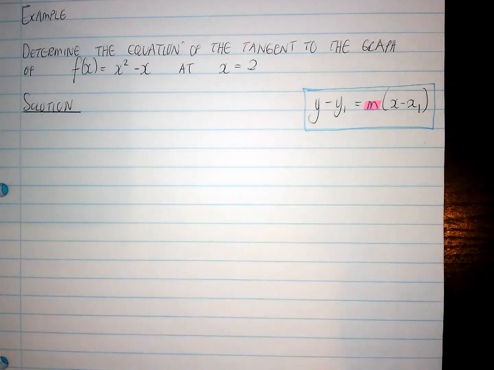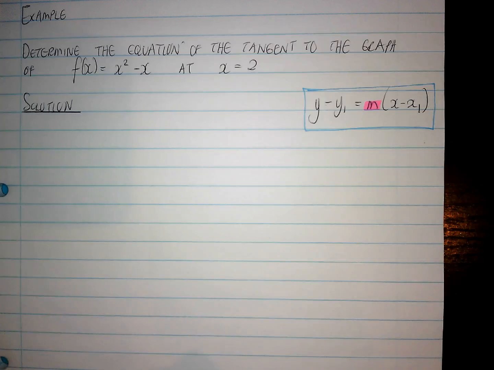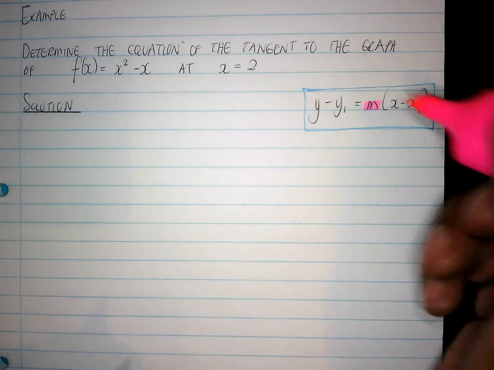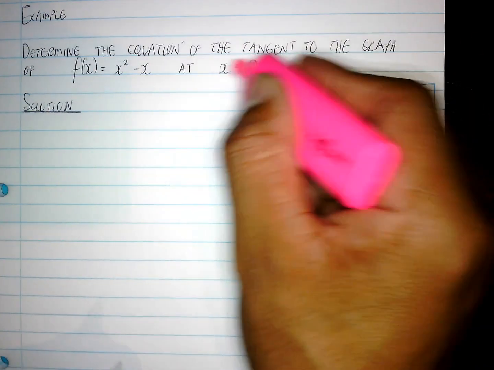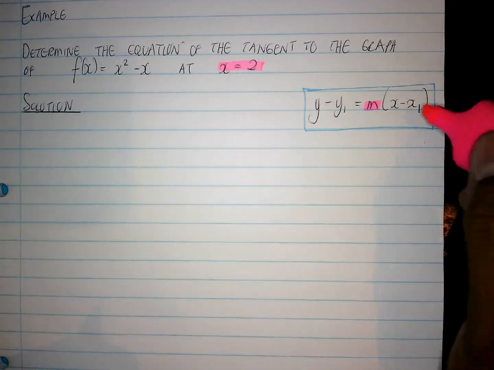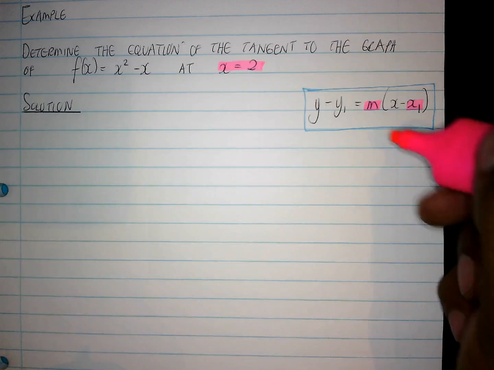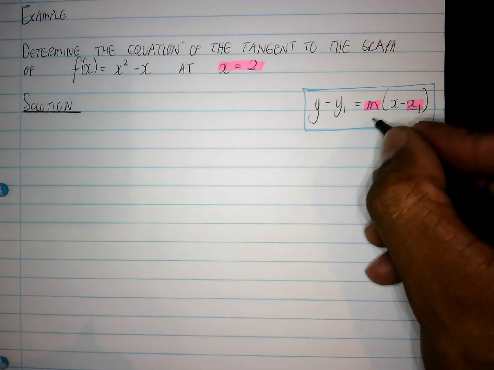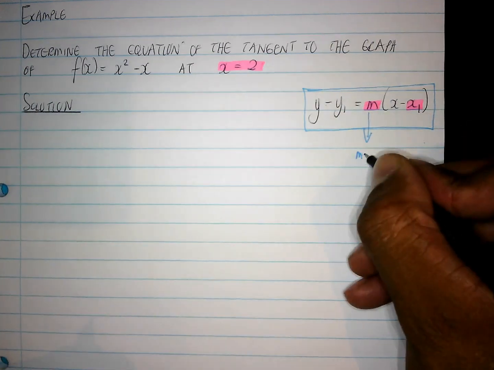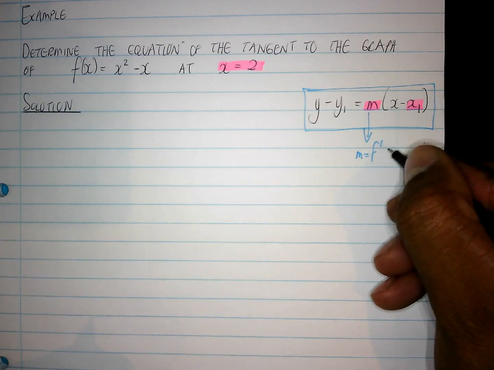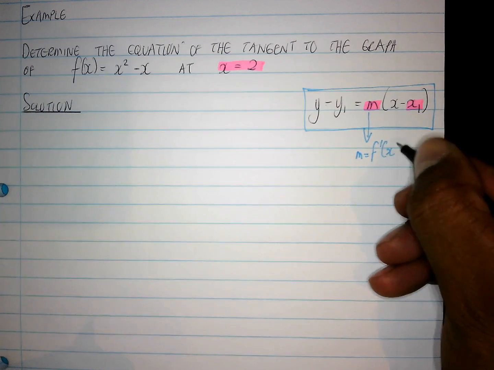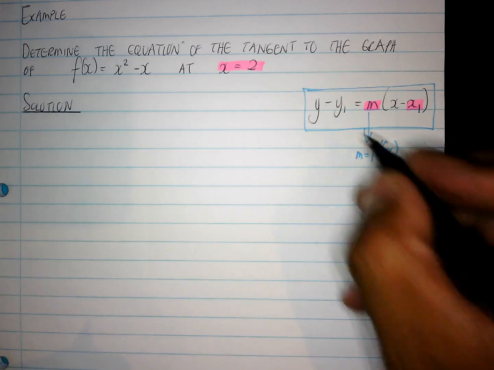So what do we have? We have f of x, and we have x, which is 2. So we have our x coordinate, which is 2. For the gradient, we're going to find the derivative of f in terms of x. But y, we do not have.